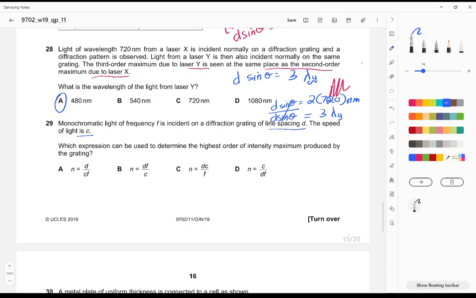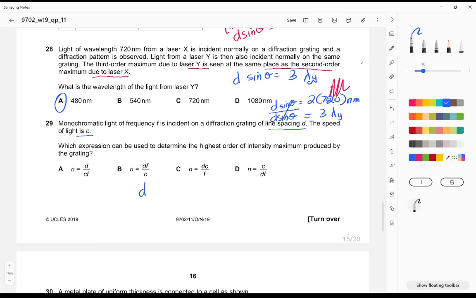So we need to work this out. n is the order number. The line spacing is given to us as d.